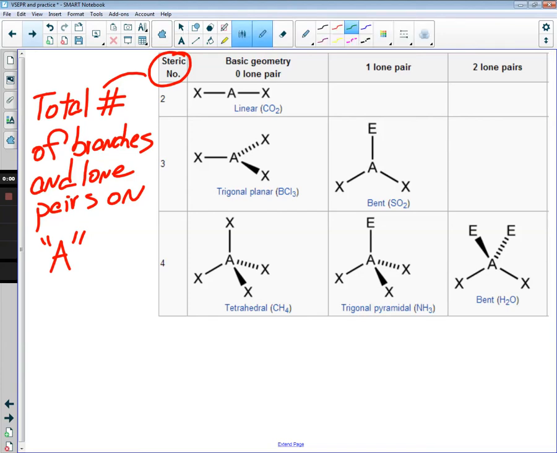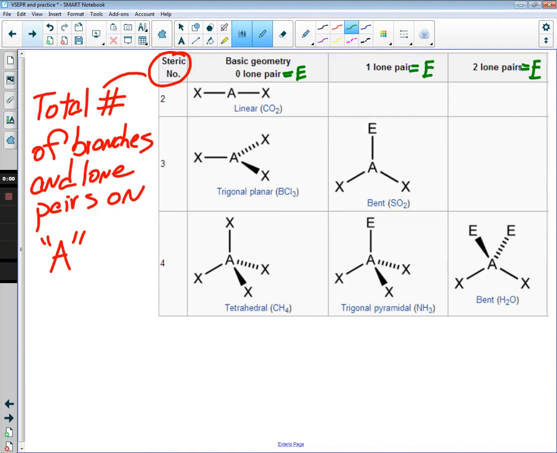If you take a look up here, this tells you how many lone pairs or how many E's there are. So if you see here in this first column, none of the central A atoms have any E's coming out of them.